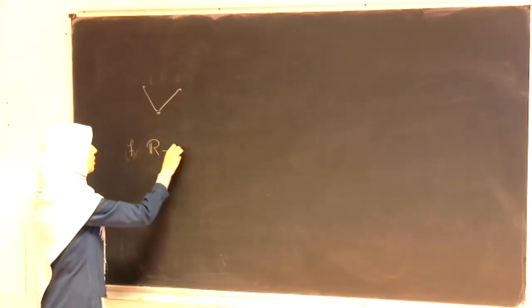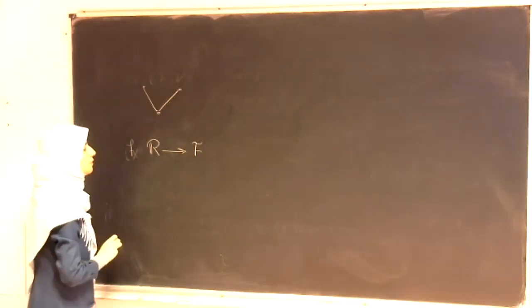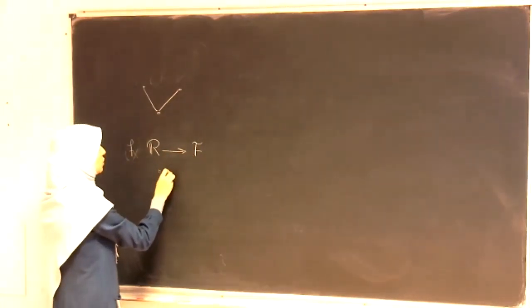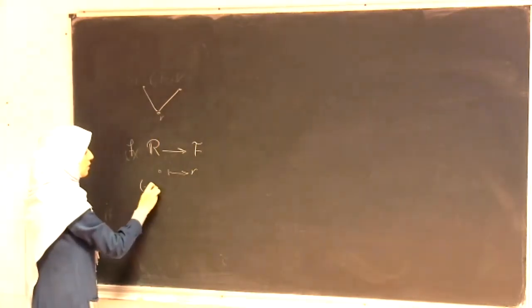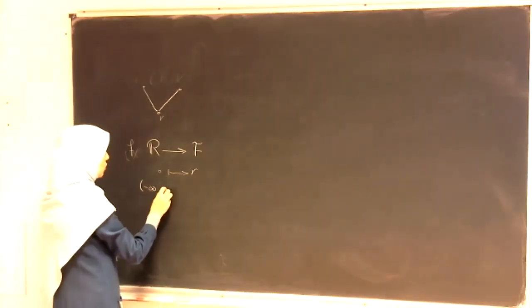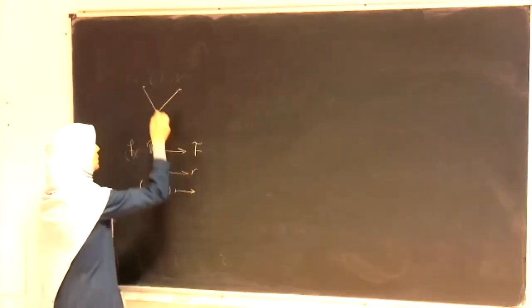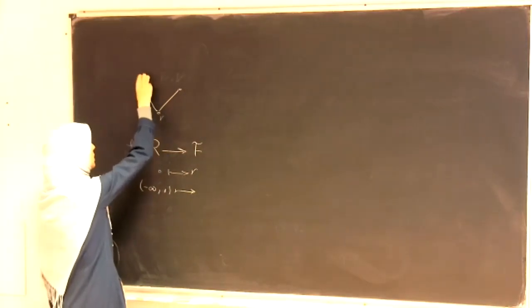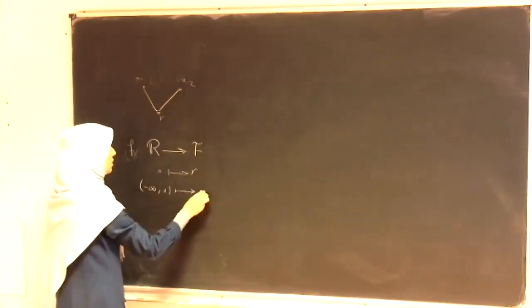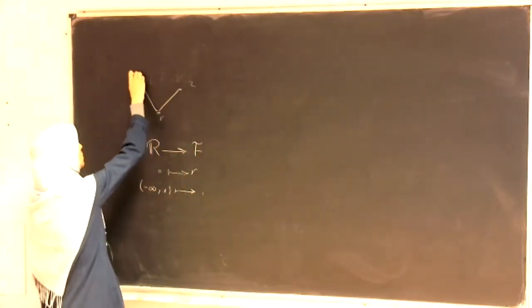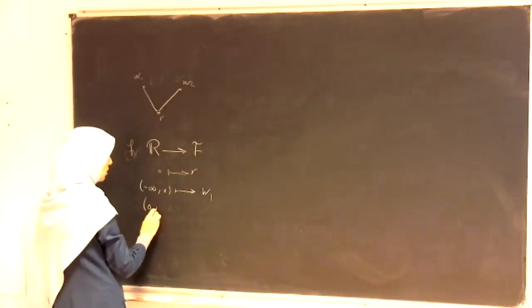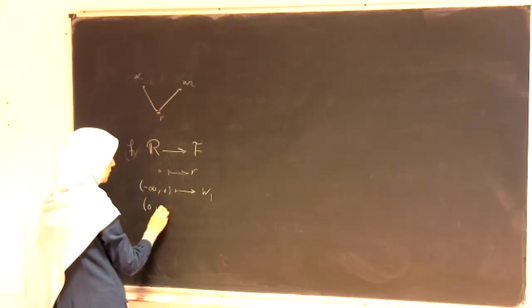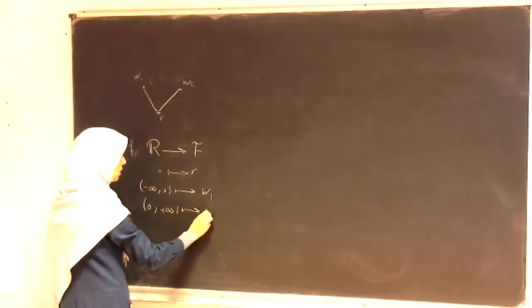Then to define a function f from R to this F, I can send 0 to the point R, and the set of all negative points to, for example, W1, and all points in the positive part to W2.